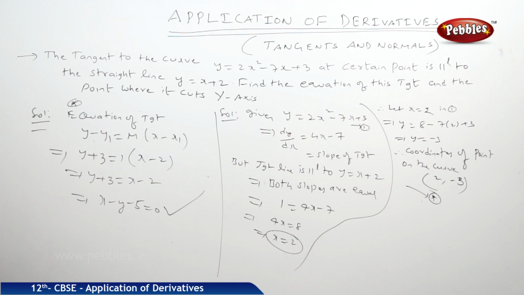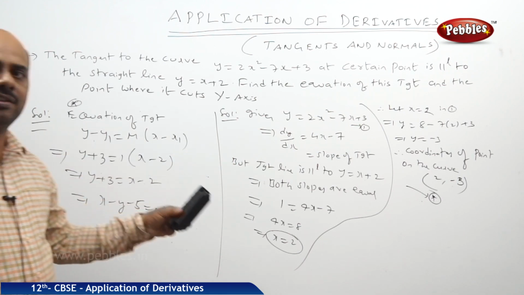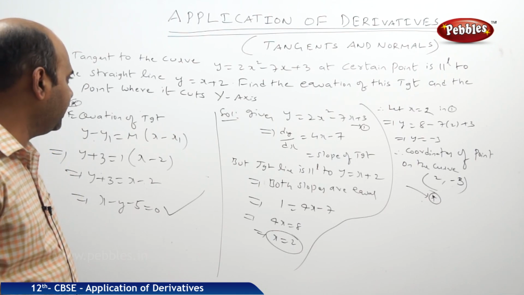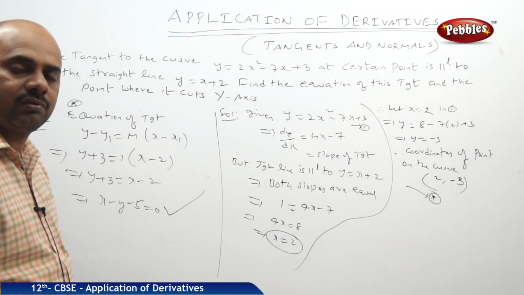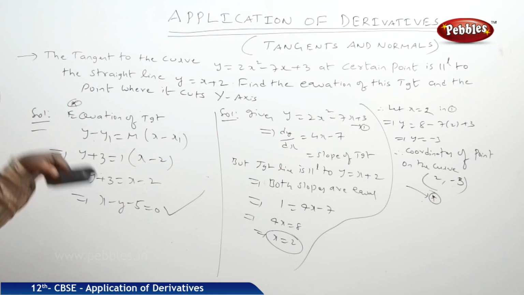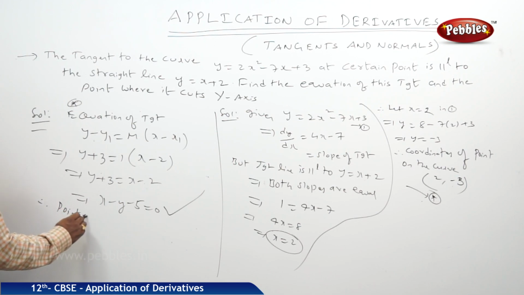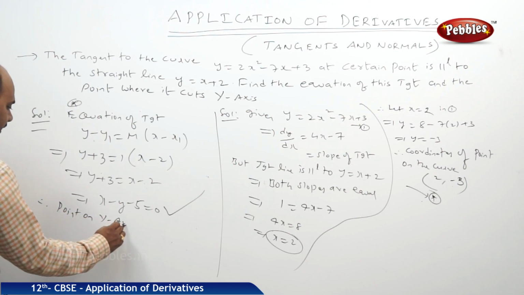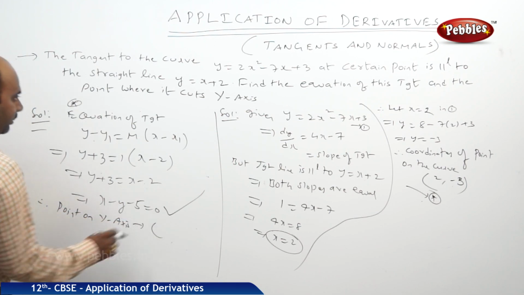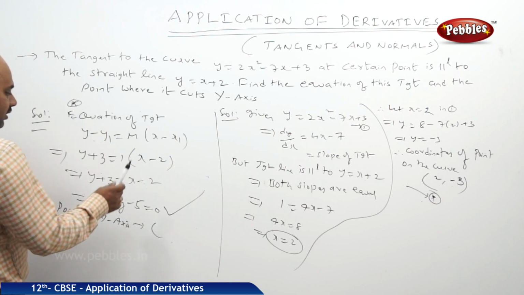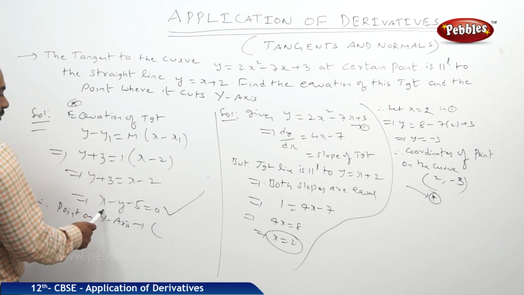But we need to find the point where it cuts the y-axis. Where the tangent is cutting the y-axis, definitely on the y-axis the x coordinate will be 0. Therefore, for the point on the y-axis, in place of x we need to put 0.